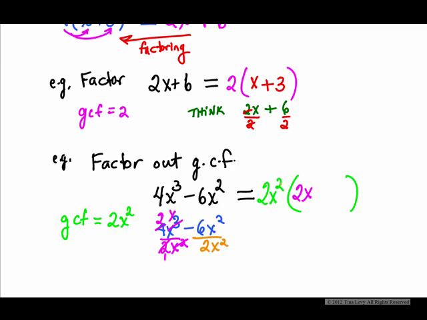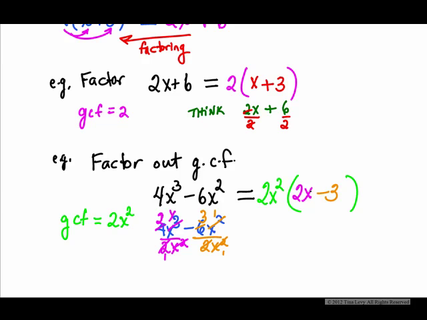The x squareds cancel, and 2 goes into 6, so I have a negative 3. That becomes the factored result. Once I've identified the greatest common factor, I'm just dividing each of these terms by it to give me what's inside the parentheses.